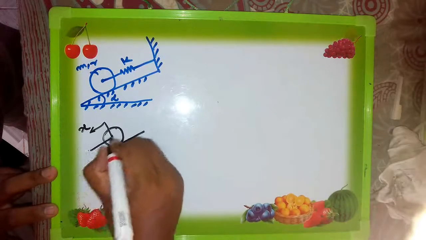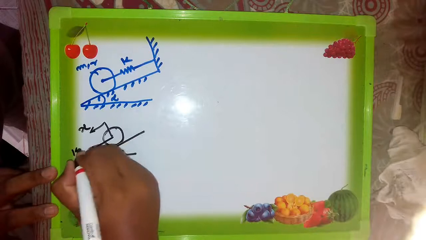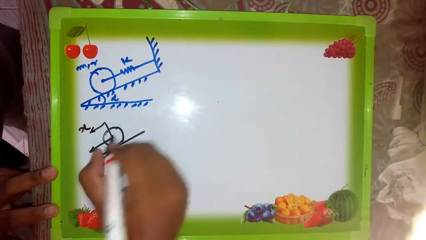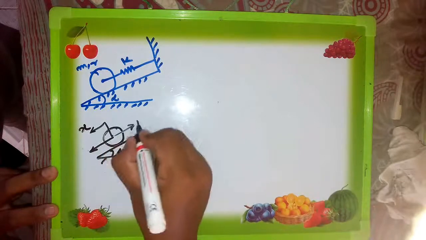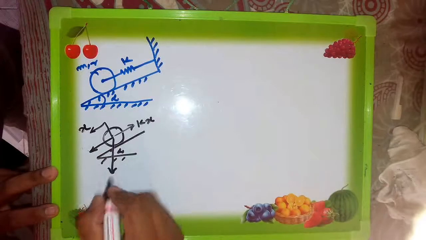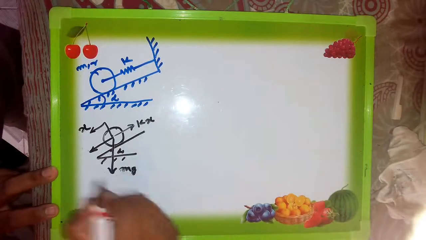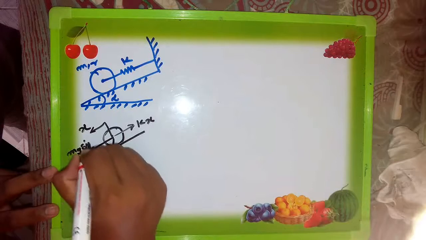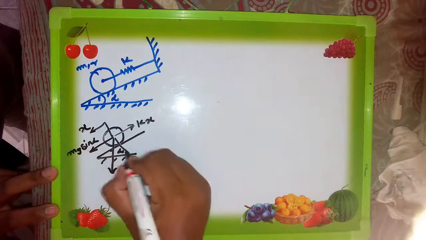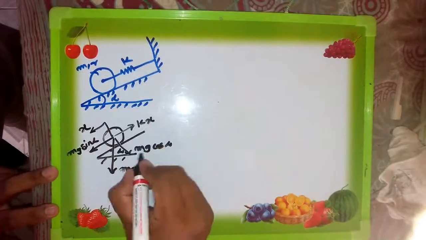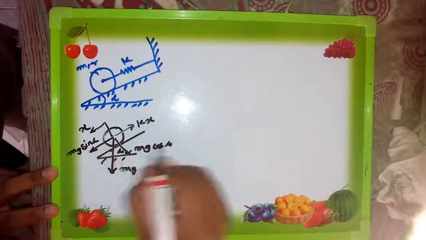So again this displacement is x. Along this side it will be x displacement, so along this side the spring force is the same, kx. The weight of the mass along this side will be m into g. Now if I resolve it, it will be mg sin alpha, and along the other direction it will be mg cos alpha. But mg cos alpha is perpendicular to the motion, so neglect it.